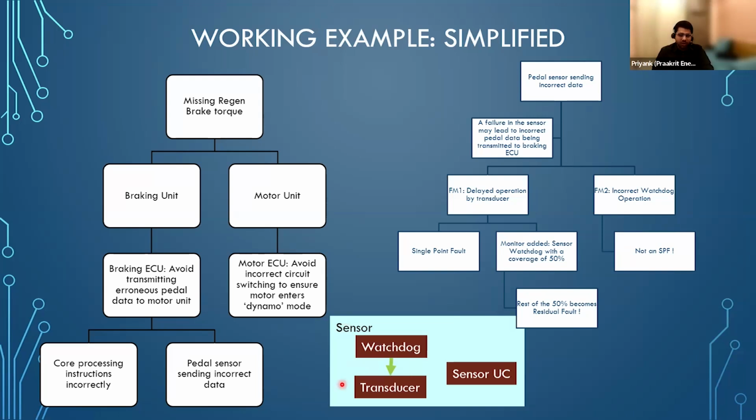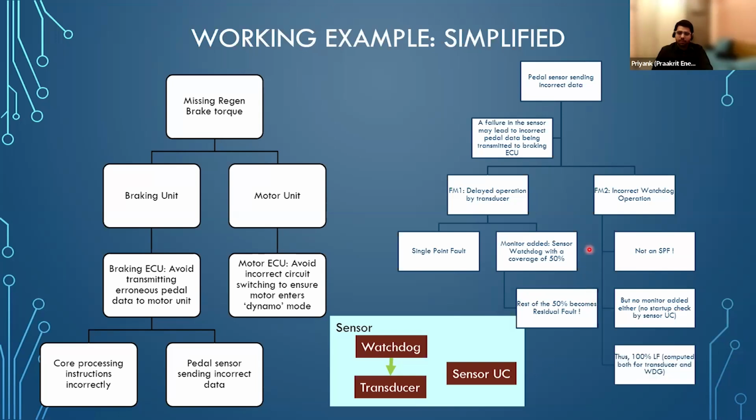If the transducer did not fail in the first place, a watchdog failure will remain hidden. You won't even know it's there, right? So the safety mechanism, due to a failure, shut itself off. The assumption here is that I'm not monitoring the watchdog itself. You could think of monitoring the watchdog performance also, but I'm not assuming that, to make the example simple.